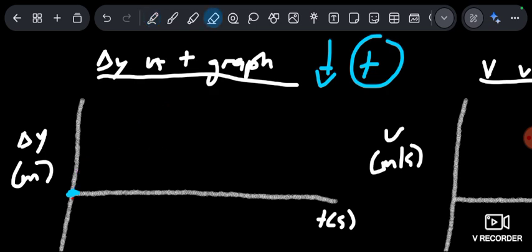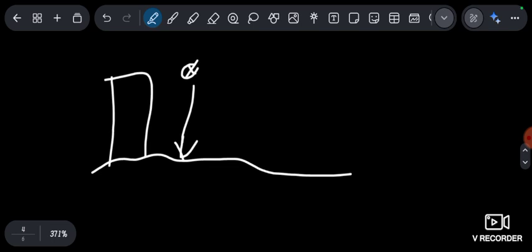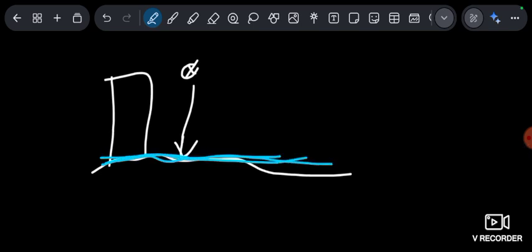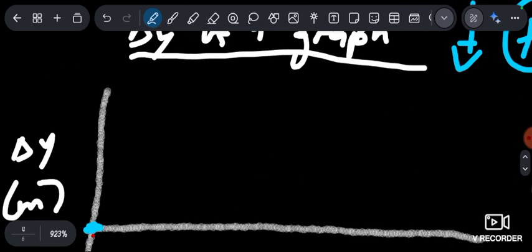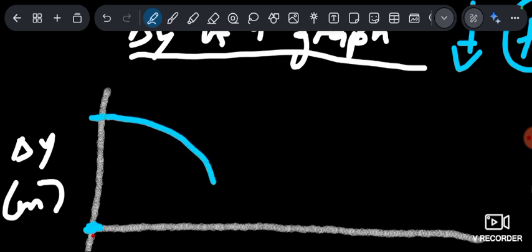Now when you take the ground as 0 reference, right, what is going to happen is that your ball will now start at a certain height, because now the certain height is no longer the 0 reference, right? Now the ball is going to go down until it reaches the 0 reference point, right?